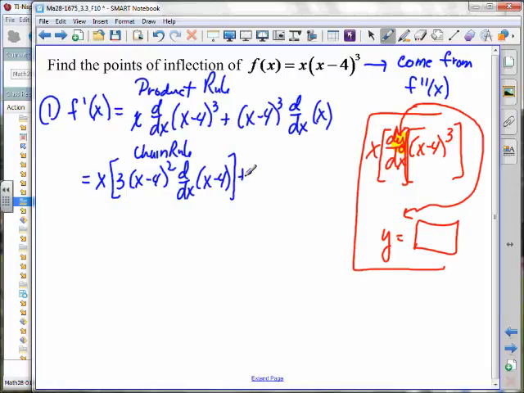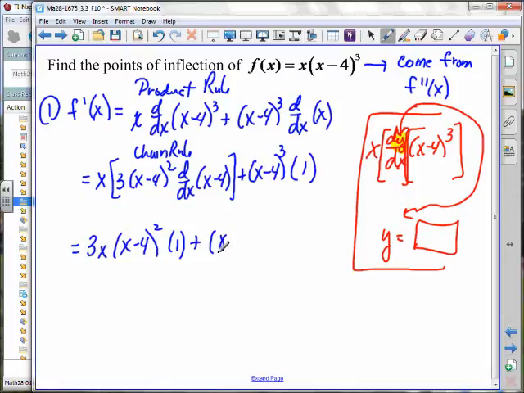Plus x minus 4 to the third power times the derivative of x with respect to itself, and it's just 1. So let's see, I've got x, actually we can make that 3x while we're at it. 3x, x minus 4 quantity squared, this is going to be times 1, plus x minus 4 quantity cubed.